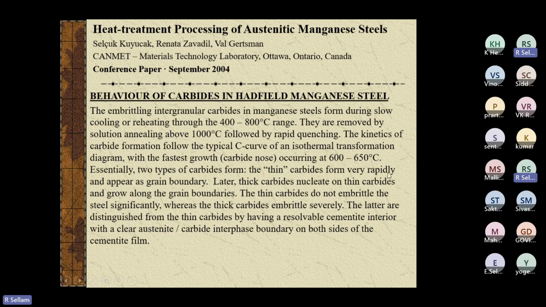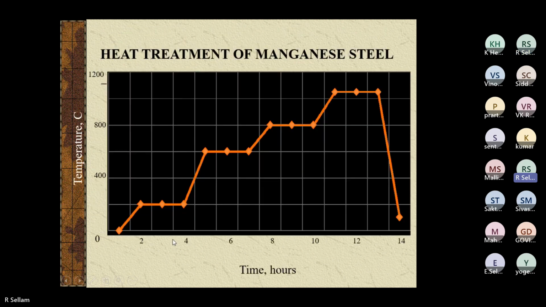The thin carbides form very rapidly and appear as grain boundary films. The thick carbides nucleate on thin carbides and grow along the grain boundaries. The thin carbides do not embrittle the steel significantly, whereas the thick carbides embrittle severely. The latter are distinguished from the thin carbides by having a resolvable cementite interior with a cleaner austenite-carbide interface boundary on both sides of the cementite.